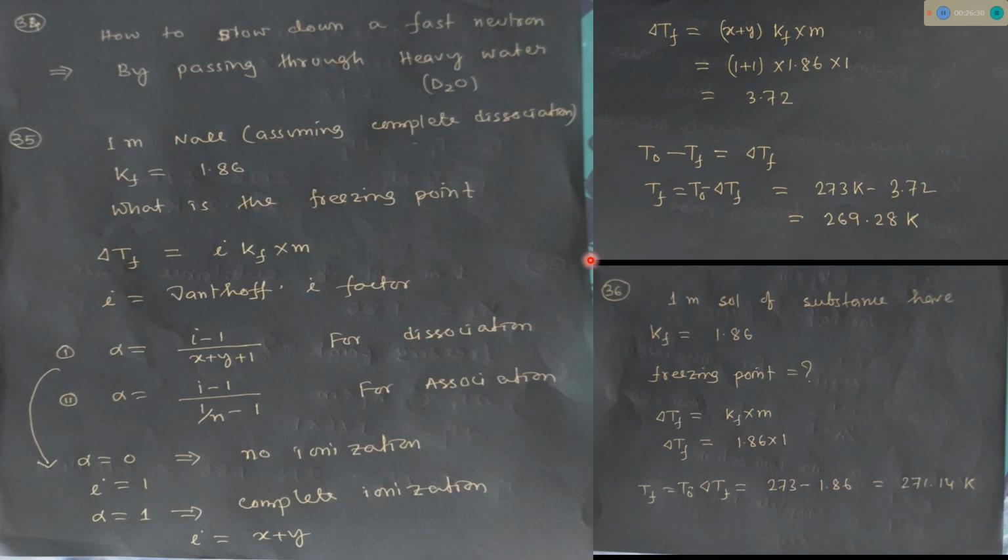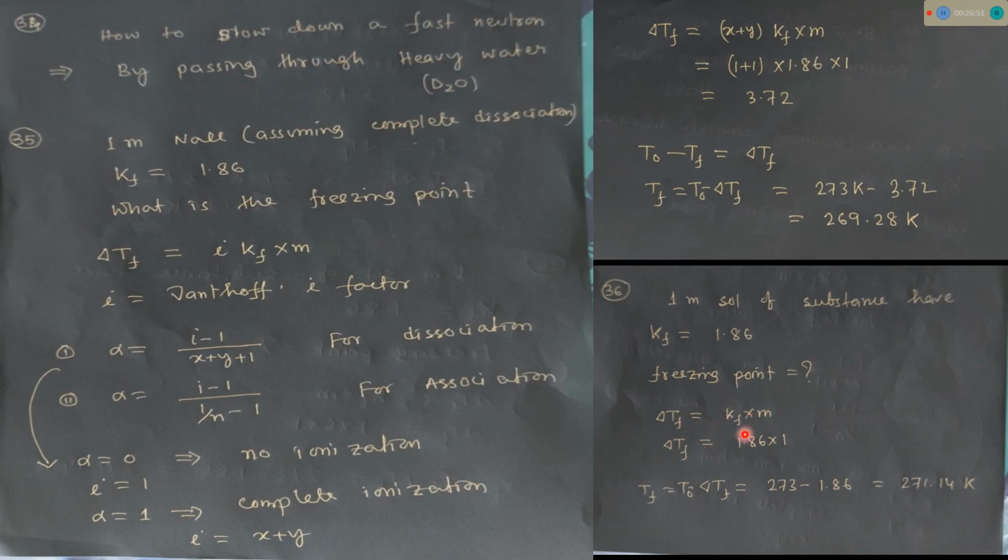In the other question, the same value was given, Kf equal to 1.86, for a 1 molar solution of a substance, but in this case there is no mention of dissociation or association. In that question also you have to find the freezing point. So del Tf equals Kf into m.